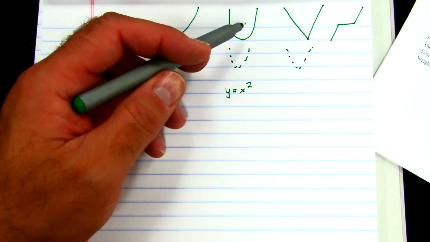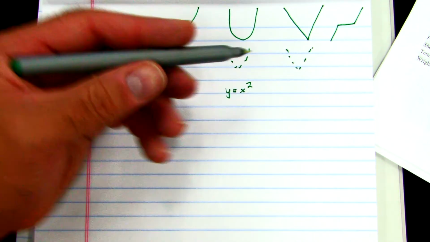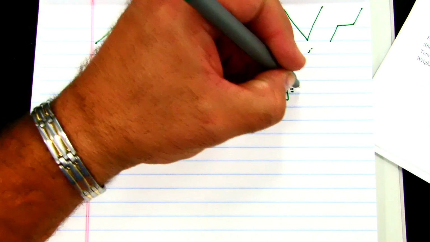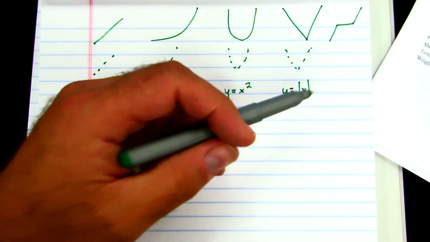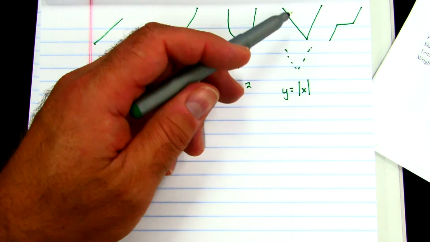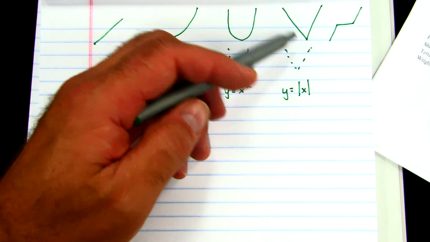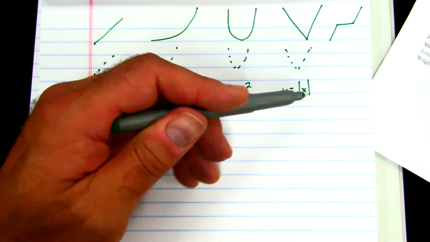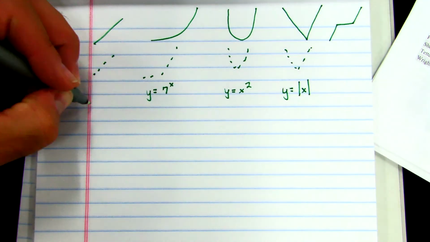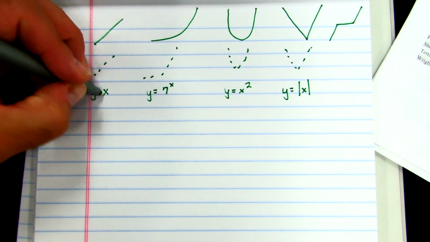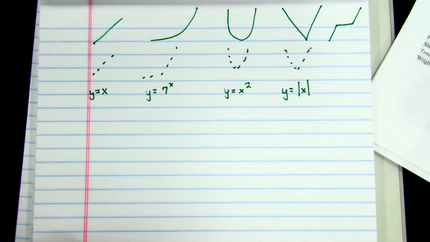Whenever you see this type of picture, it's this type of equation. Absolute value: whenever the x is inside an absolute value sign, it's this picture. Whenever you have this picture, the equation has to have x in the absolute value. And last but not least, when y equals x, it's just linear. The x is just there.